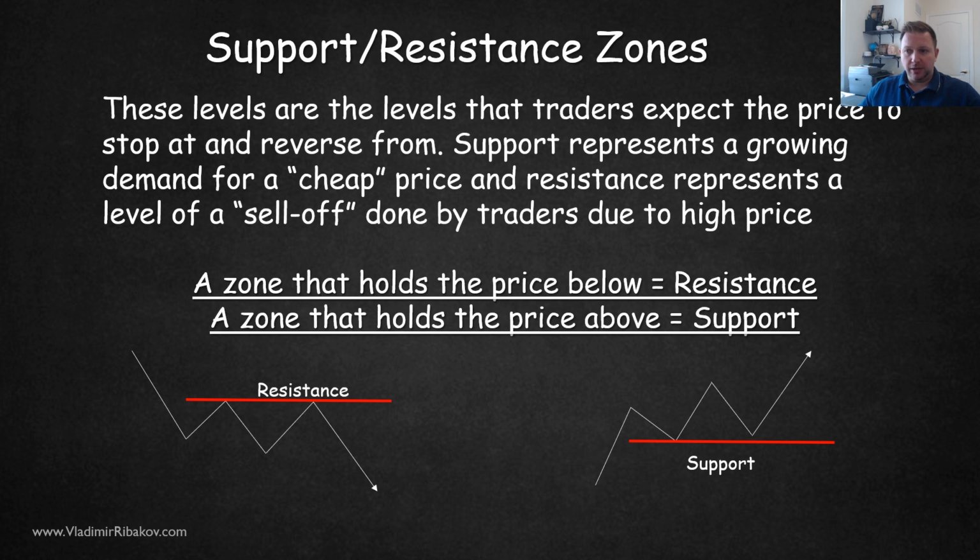As you can see here, this area holds, I just drew it here for you. This area is a resistance, and it holds the price in all this place below the level. This is what resistance represents, and the support is vice versa. It holds all this zone and higher above the zone.